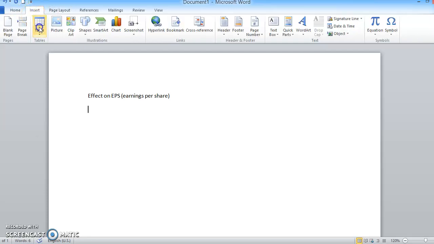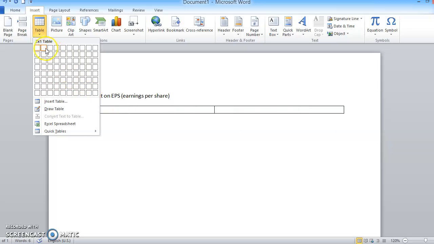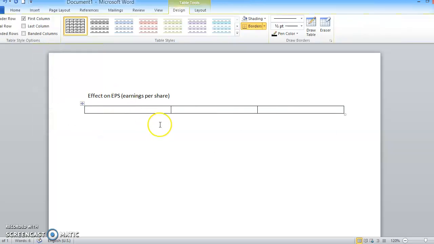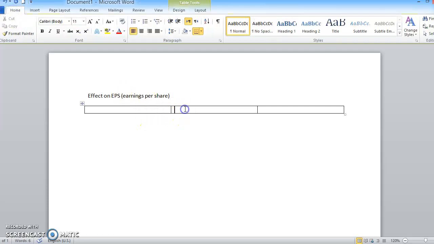So let's say I'll create a simple table over here. So the first thing is before the conversion. Before conversion. And then the next is after conversion.